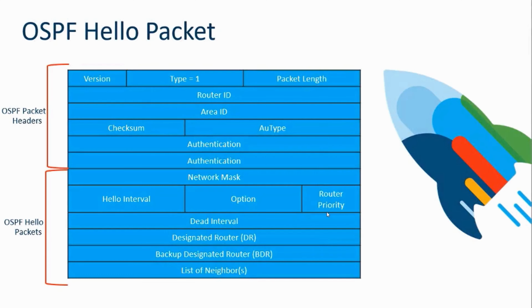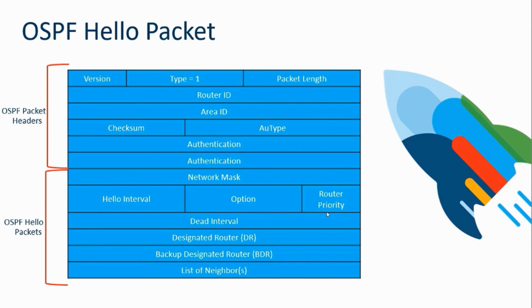So let's jump into an OSPF hello packet, and here we have it broken off into two sections. We've got the OSPF packet headers section itself and the OSPF hello packet section. Now, just a key reminder here, the hello packet is used to discover our OSPF neighbors and to literally maintain neighbor adjacencies. We've got a keepalive coming into play with this idea of a hello packet.